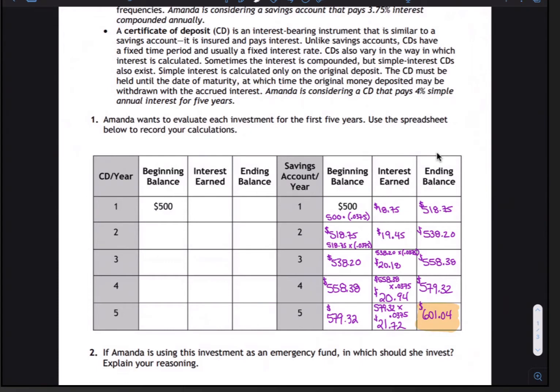All right, now let's talk about the CD. The certificate of deposit, the way that works is we have a simple interest of 4%. So Amanda is considering the CD that pays simple interest 4%, and that's annual interest for 5 years.